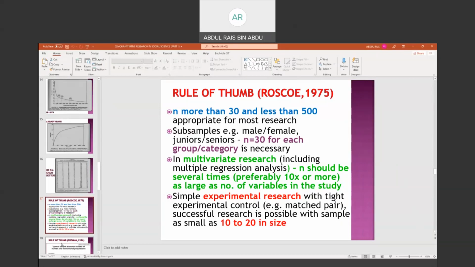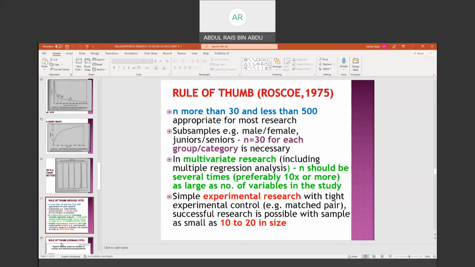Multivariate analysis, n should be several times, preferably 10 times more as large as the number of variables in the study. So kalau nak buat multivariate research, kalau you ada 6 variables, independent variable masuk, termasuk moderating, mediating dan juga dependent variables tu ada 6 kali 10, you kena ada at least 60 responder lah.